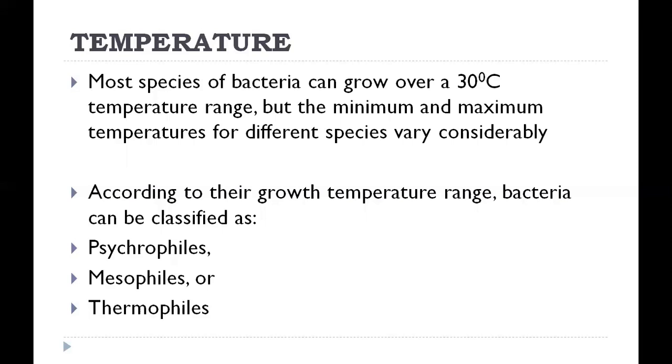So just put today's date and give the heading of environmental factors slash physical factors affecting bacterial growth. I will repeat, give the heading of environmental factors slash physical factors affecting bacterial growth.